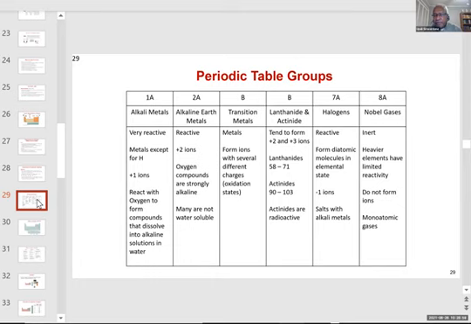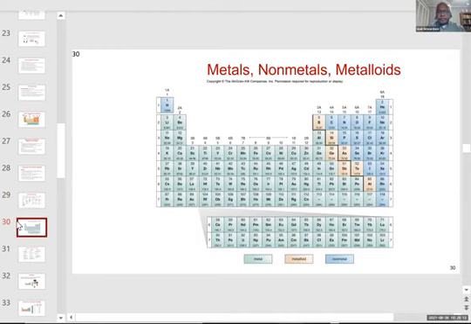They exist as monoatomic gases. Helium is He, not He2, unlike Cl2, Br2. So these are some of the properties of groups in the periodic table. We look into this periodic table with non-metals, metalloids, and metals.